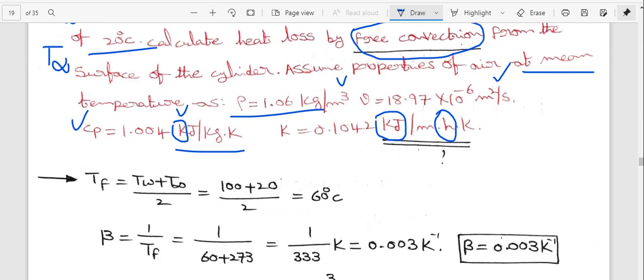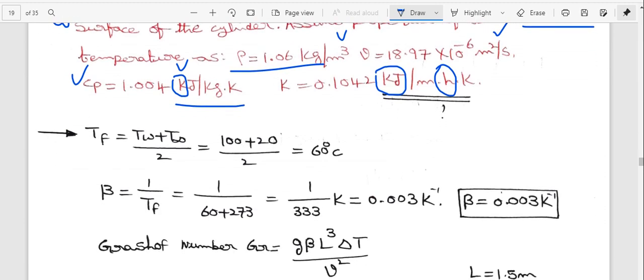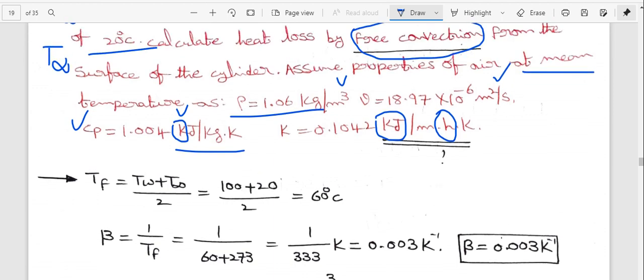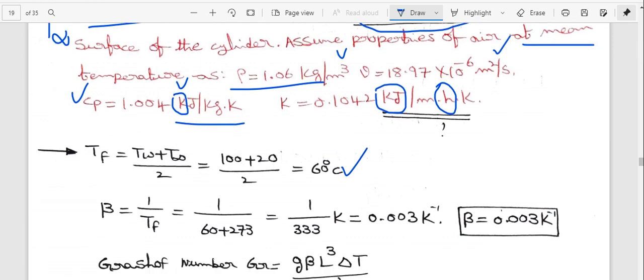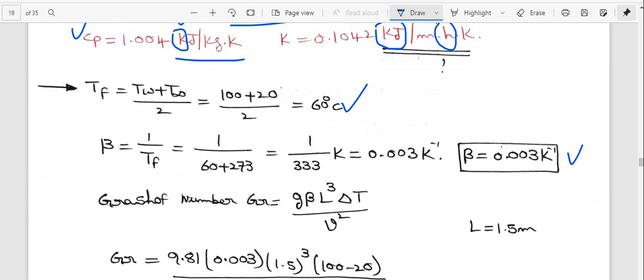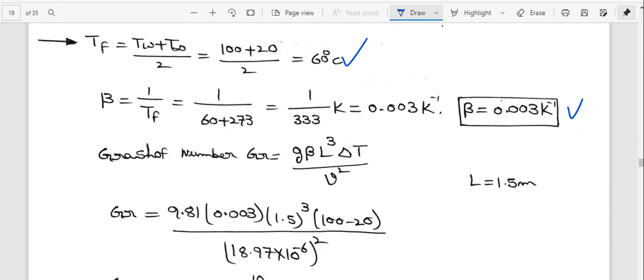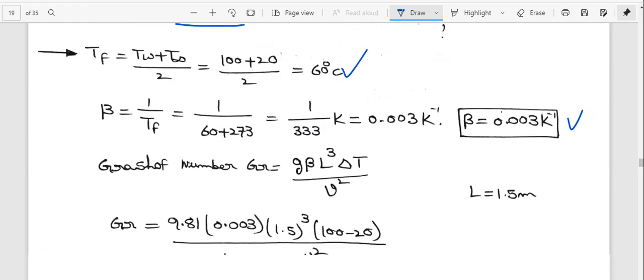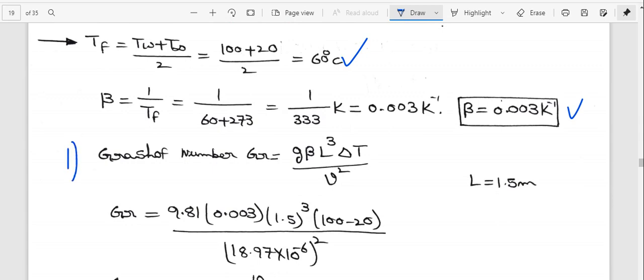Here the film temperature T_film is equal to (T_w plus T infinity) by 2, equal to 100 plus 20 by 2, equal to 60. Here beta is equal to 1 by T_film, so the beta value is equal to 0.003 per Kelvin. First of all we need to calculate the Grashof number for natural convection.